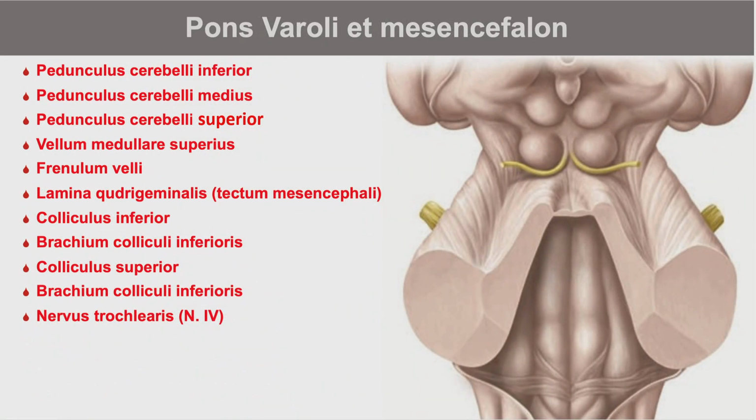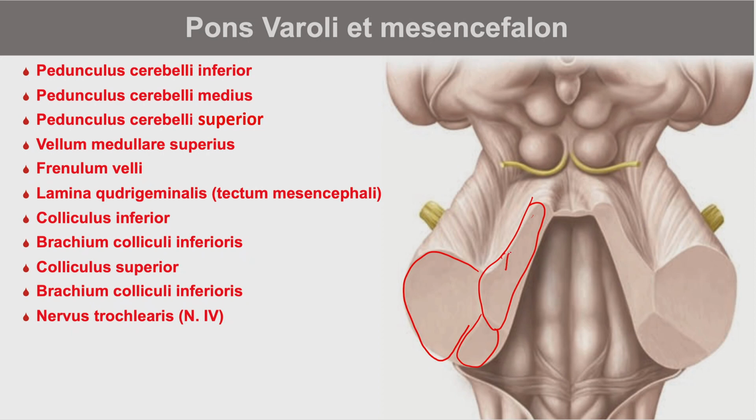Pons Varolii is easy to describe because it has a large brachium. The brachium is the anterior part, and then we have the pedunculi. The pedunculi of the cerebellum are three, and those are parts of white matter communicating with the cerebellum.